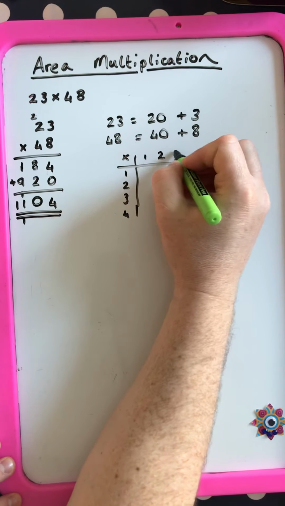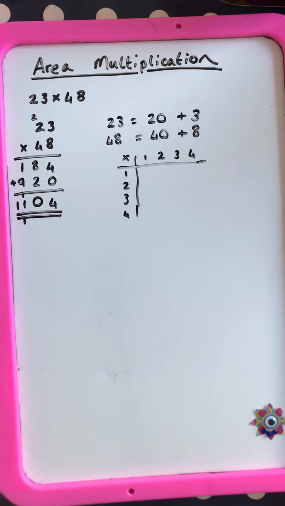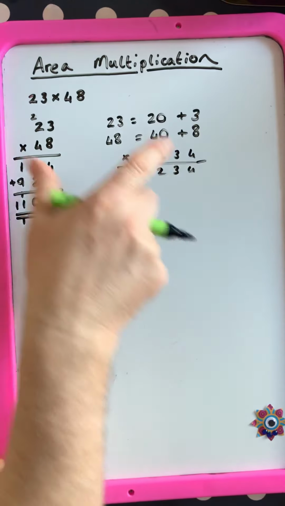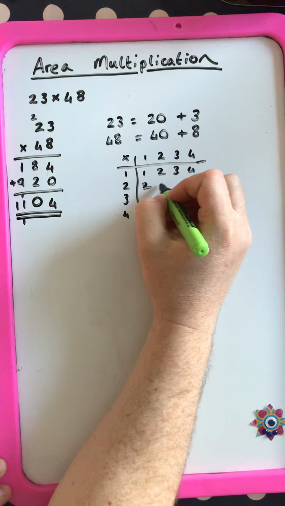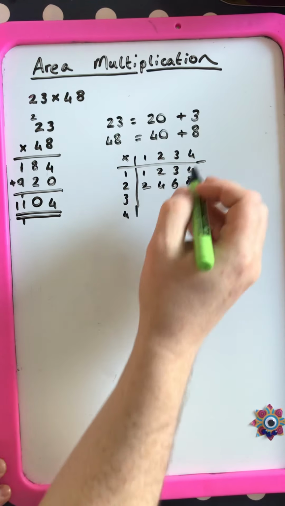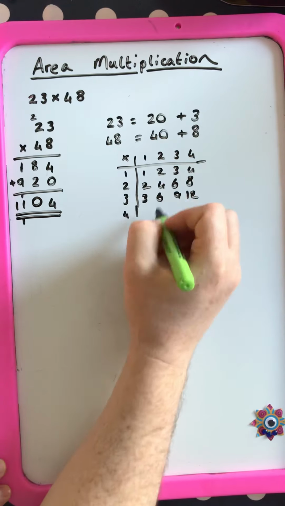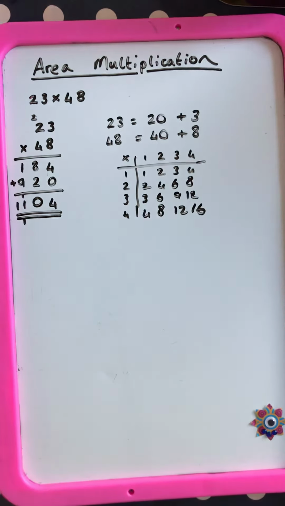Maybe you've used that further down your schooling, whether it would be in primary school or an S1. And really, the area multiplication is this process here, okay? And just your times table grid. And 4, 8, 12 and 16.